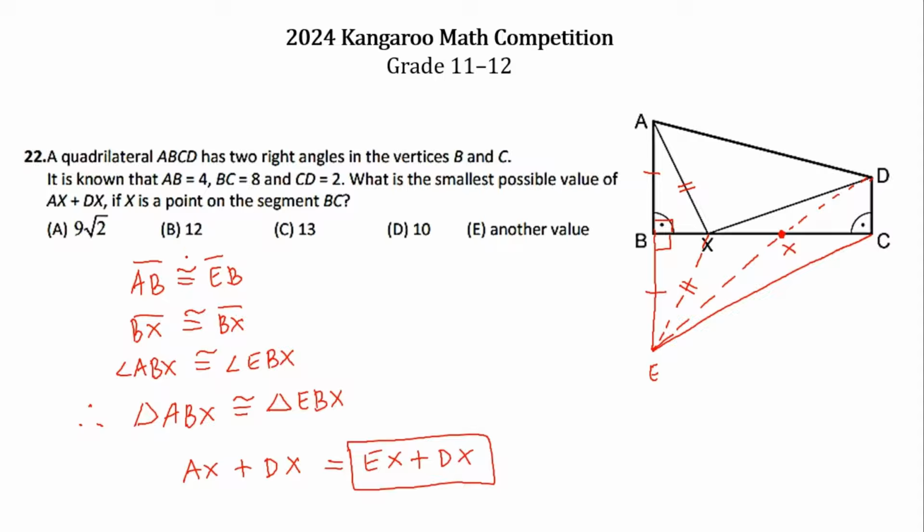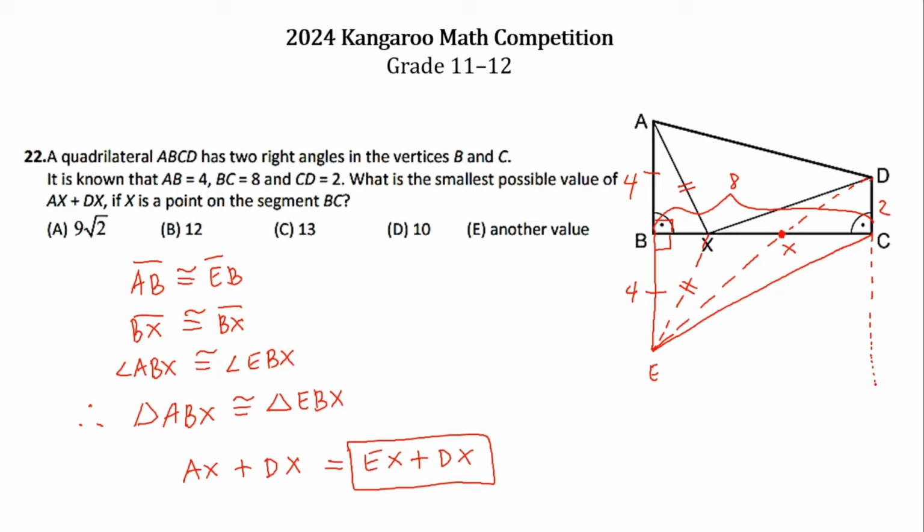Take note that AB is 4, and since AB is equal to EB, EB must also be 4. And we also know that BC is 8. So I'm going to mark that one. So this is 8. And CD is 2. Now, how can we find ED? Let's find some right triangles, or let's create a right triangle by extending DC.